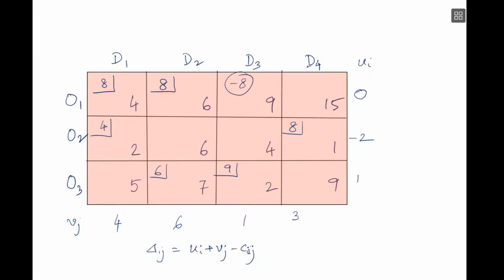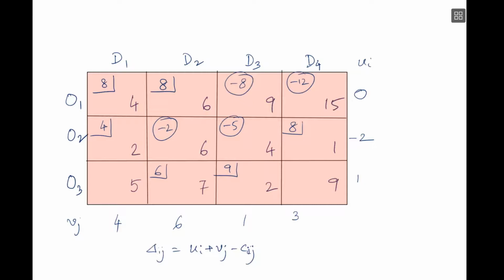In the 1,4 cell it is 3 plus 0 minus 15, it is minus 12. In the 2,2 cell it is 6 minus 2 minus 6, that is equal to minus 2, and in the next cell it is 1 minus 2 minus 4, that is minus 5.